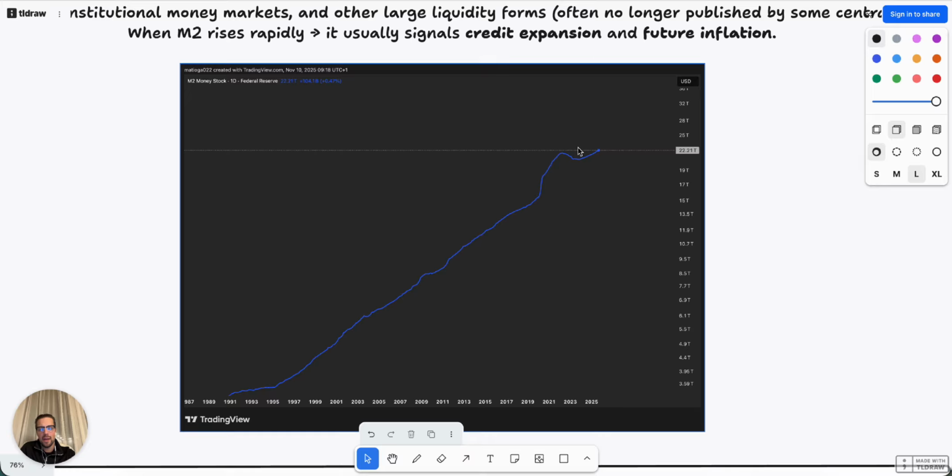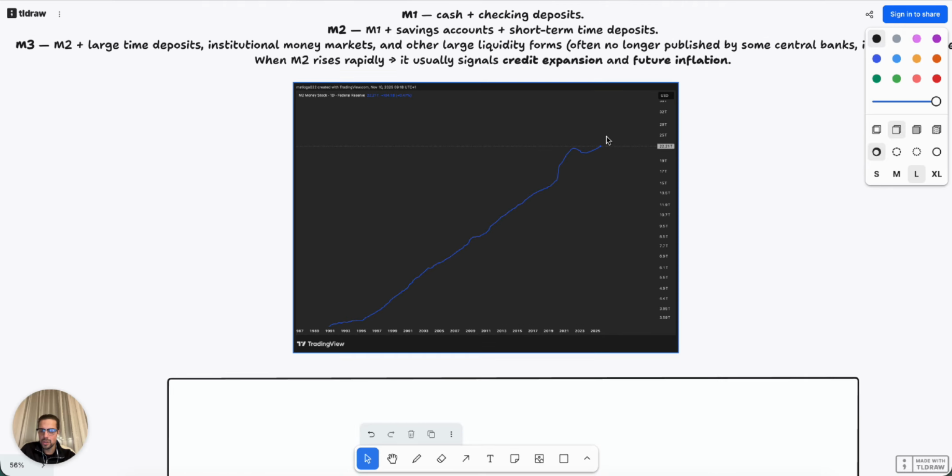Precisely towards 2020, 2021, we had a bit of a decline, a slight pullback on the money supply, and it's now expanding once again. So they are printing the money, meaning that the money is being injected into the system. While this is happening, assets will go up no matter what short-term charts are showing you.